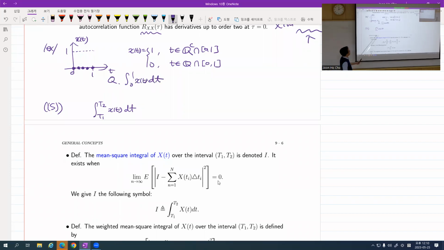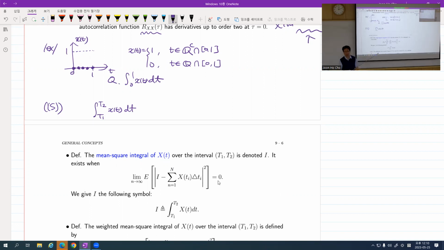Now, what is your integral in the Riemann sense? What was the definition of the Riemann integral? One unfortunate thing in South Korean high school math is that we never properly define the Riemann integration. What is the definition? From your undergraduate calculus, what is the Riemann integral of this function x of t on this interval?